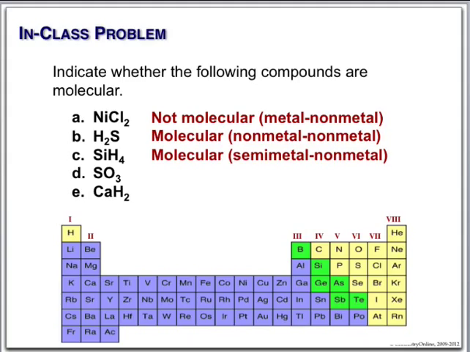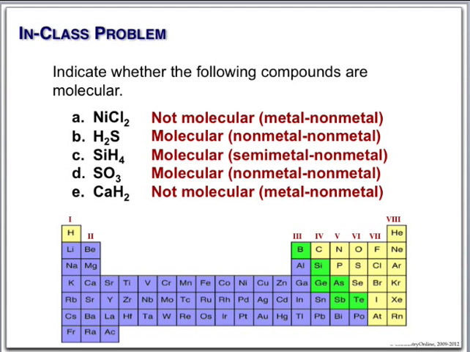Sulfur is right here. It's yellow. It's a nonmetal. So is oxygen. Molecular compound. Calcium hydride. Calcium lives here. It's a metal. Remember the rule, anytime you have a metal, it is an ionic compound.